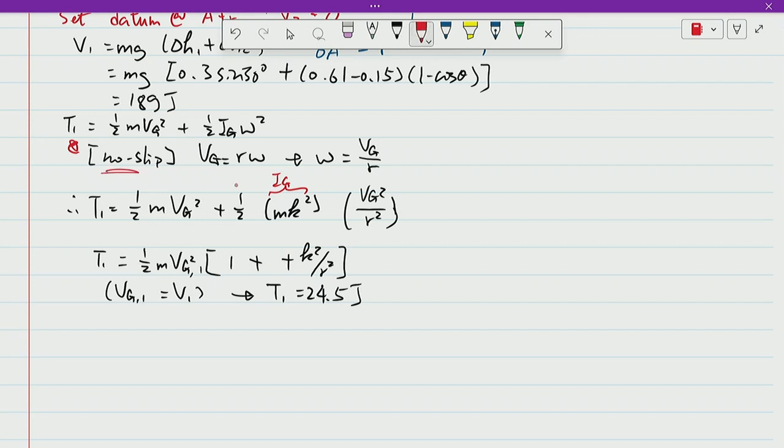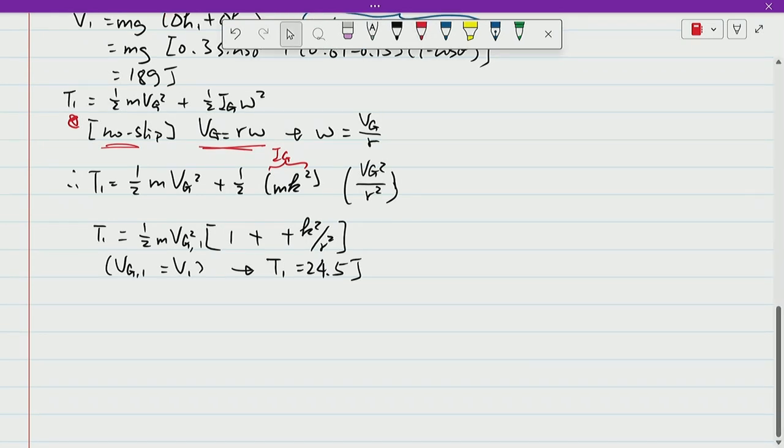Again, because there's no slipping, we basically just got rid of omega. Now, the reason why we neatly wrote it out this way is that this allows us to also write an expression for the final kinetic energy. All we have to do is replace Vg1 with Vg2.